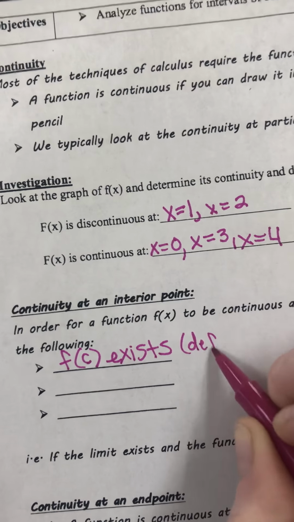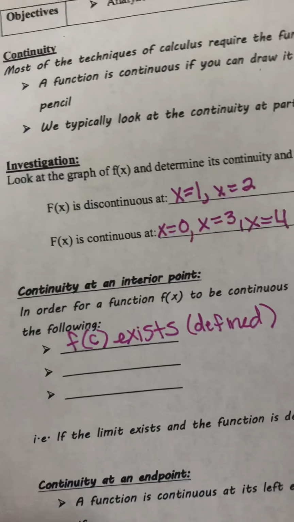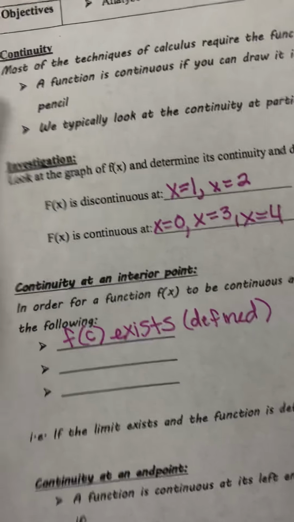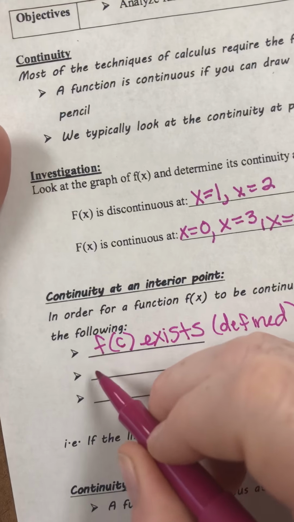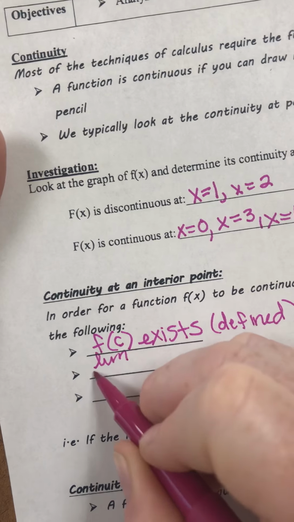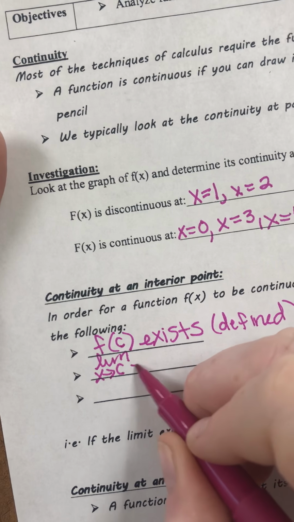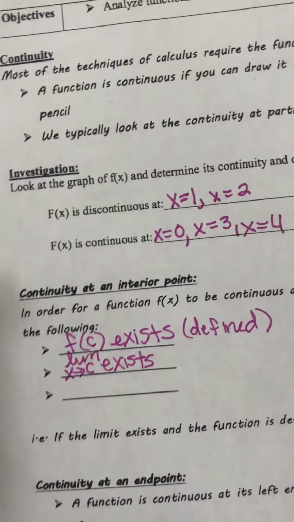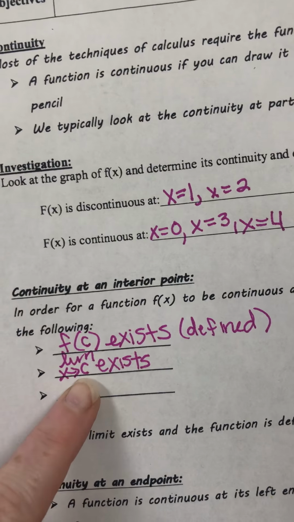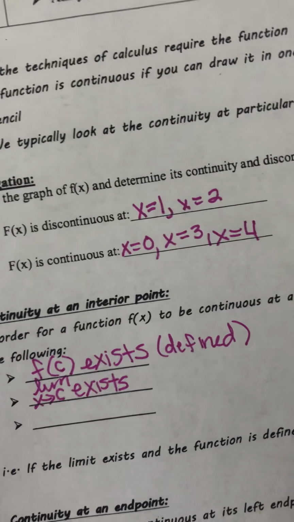It's not like a hole. It actually exists, okay? And not only does it exist, the limit as x approaches c also exists, okay? We were talking about that earlier. Does f of c equal the limit as x approaches c? We've kind of discussed that, okay?